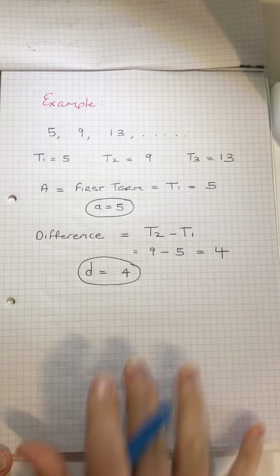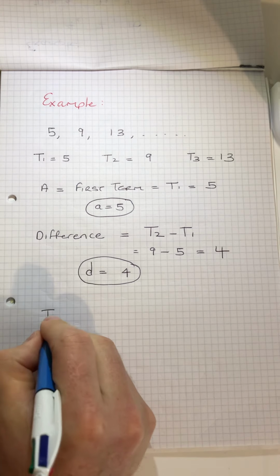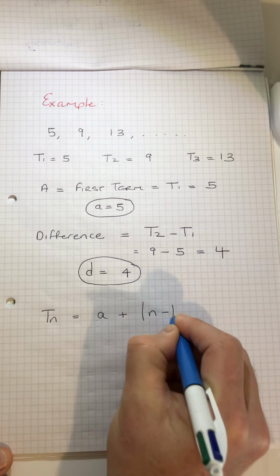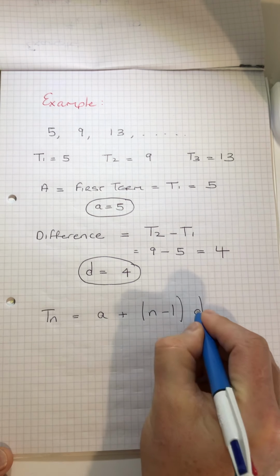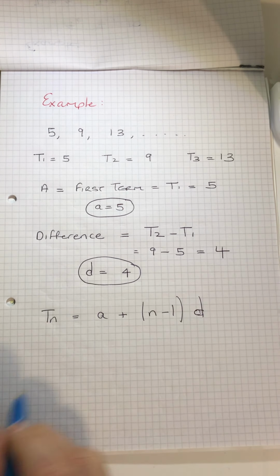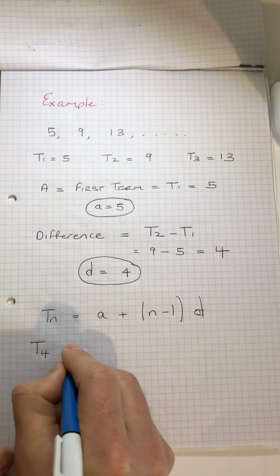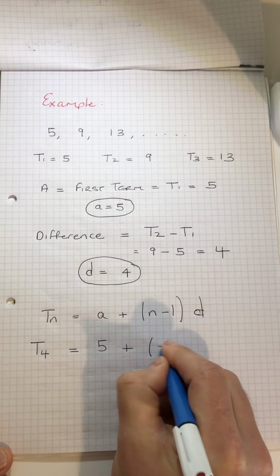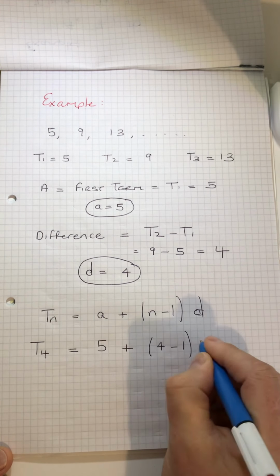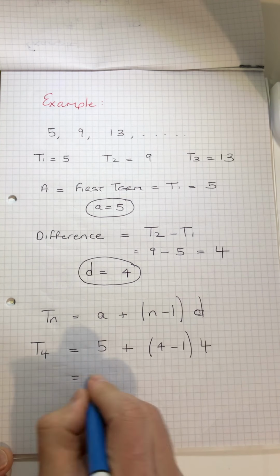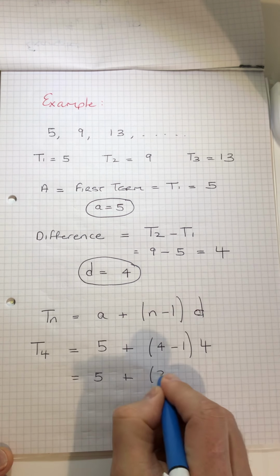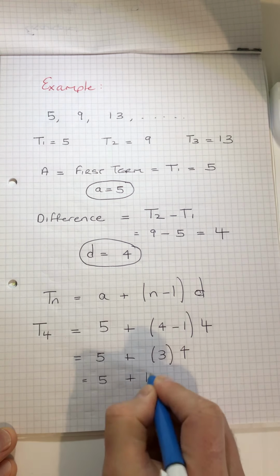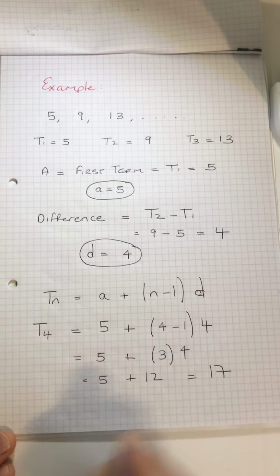Okay, now we want Tn, so the next term, A plus n minus 1 times D. So supposing we want T4 would be equal to, well, A is 5 plus 4 minus 1 and the difference is 4, which would be 5 plus 3 times 4, which would be 5 plus 12, which would be equal to 17.